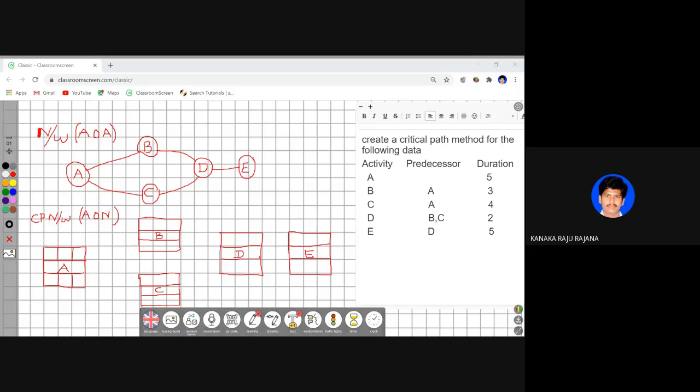Is this clear? Use your chat box and message me. Shall I proceed further? Okay. Fine. Next.